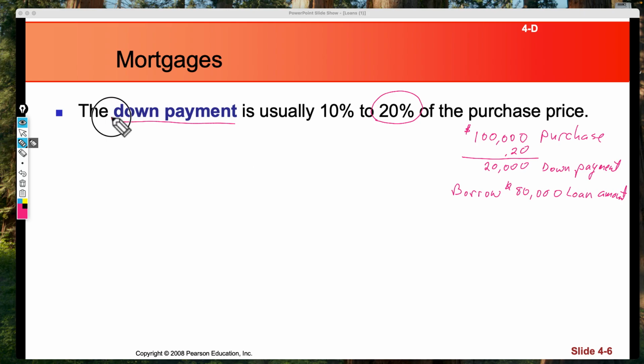Now, back around the early 2000s, they started doing a lot of 100% loans where people didn't have a down payment. About 2007, 2008, the real estate market crashed. So people had houses that they had 100% financing on that were now not worth as much. They called it underwater because they owed more on the house than it was worth.